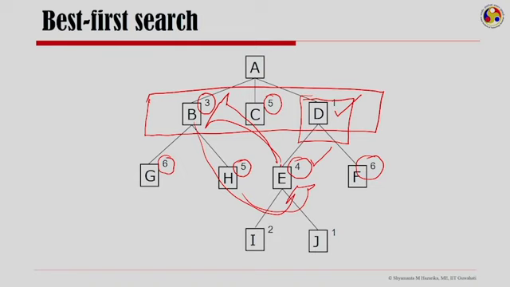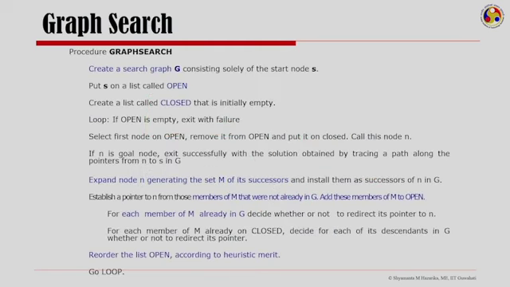So if you recall, we had introduced this graph search algorithm where we had said that we will have two lists, one called open and the other called closed, on which we shall maintain the nodes that are to be expanded and that have already been expanded.